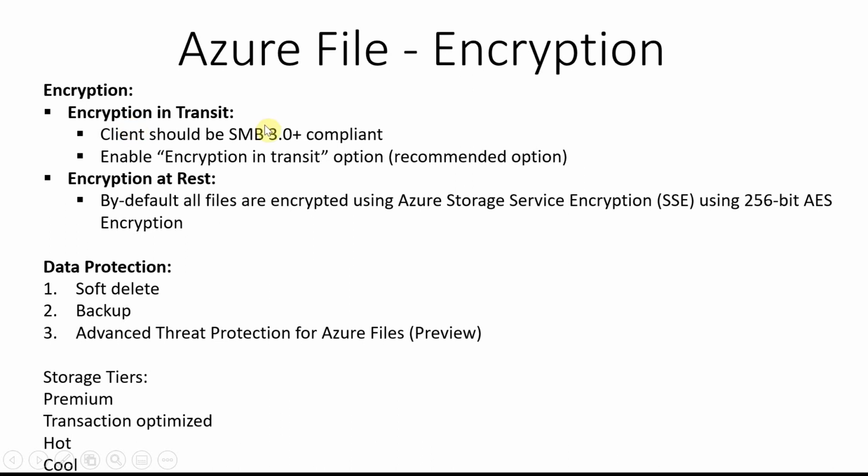While the file is in movement, it is also encrypted. But the requirement is that the client copying the file should be SMB 3.0 plus compliant. SMB is the protocol, so it should be 3.0 compliant. Then this feature can be enabled. At the end, it's just enabling the encryption in transit option.